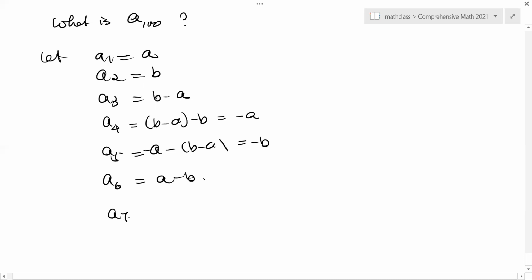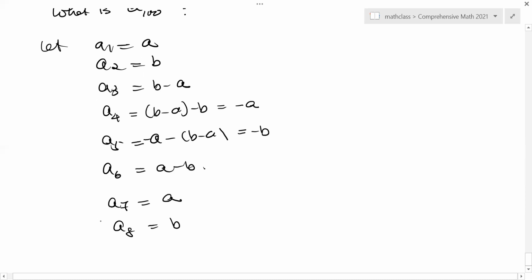So let's look at A7. A7 is A minus B minus negative B, which gives A. A8 is A minus B, so it's B. And you see that A7, A8 is exactly the same as A1, A2.